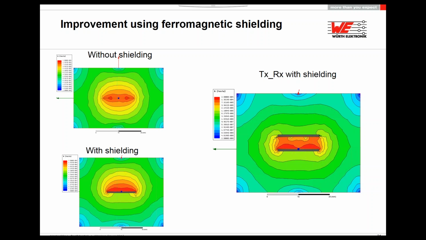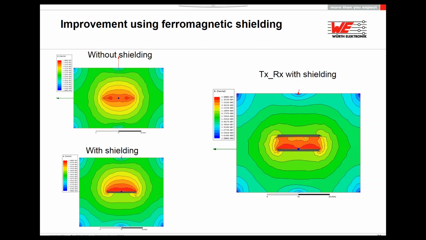And on these 3 pictures, the first one, where you see without the shielding, this is, let's say, an air coil without the shielding, and you can see the magnetic field is going everywhere in the environment.